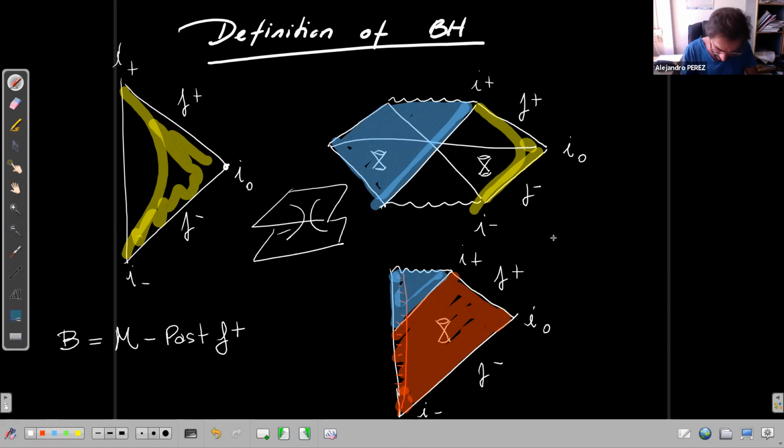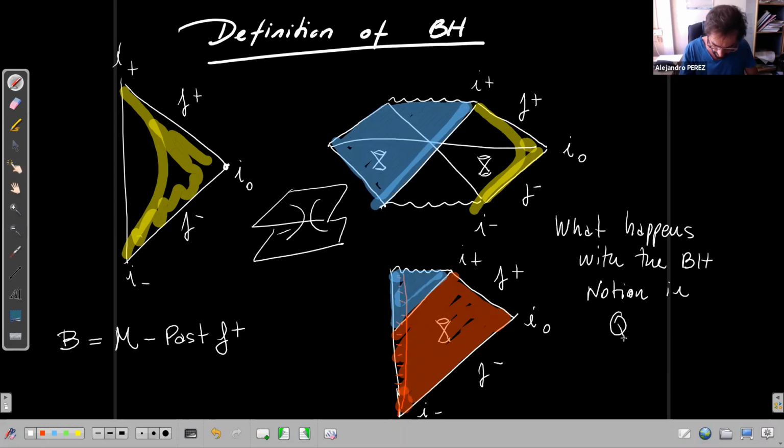Now, a very good question that we'll address later is, this is a classical definition. However, what happens with the black hole notion in quantum gravity? Because in quantum gravity, of course, black holes are not eternal.